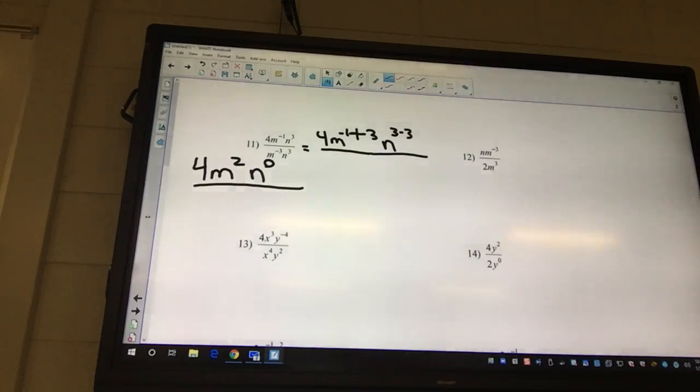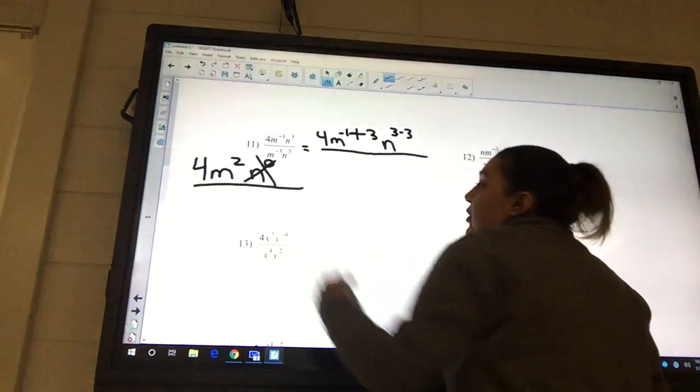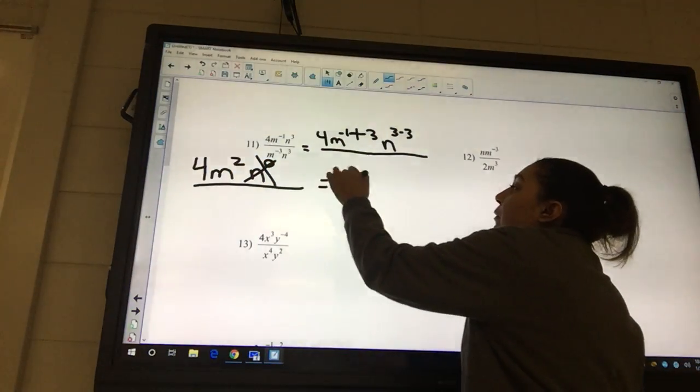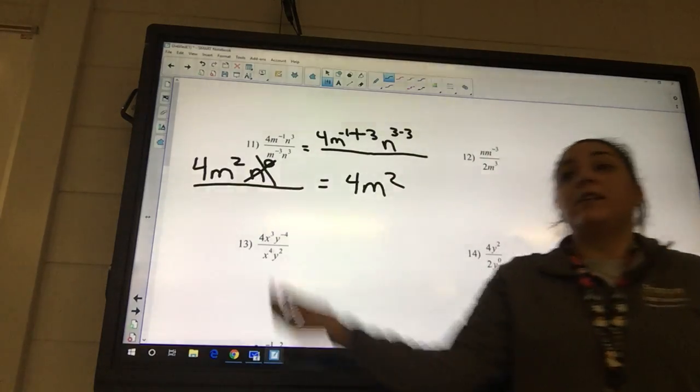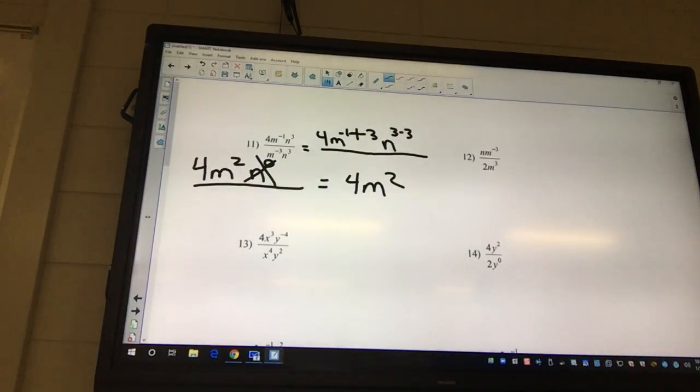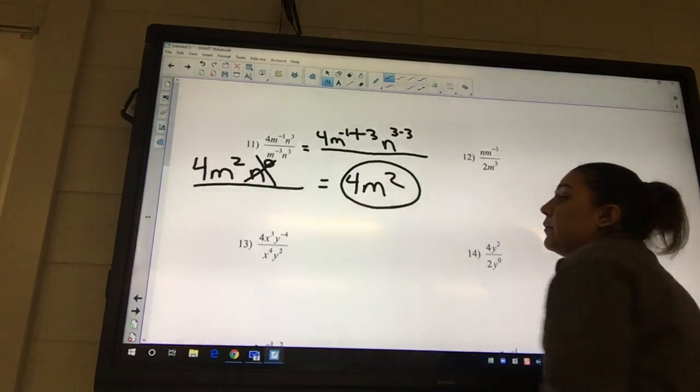So if we turn this into a 1, which we can, okay, is it going to change anything? No. You're still going to have 4m squared. And so what really happens is it really just cancels out. Okay, so when you have something to the 0 power, you can just cross it off. It cancels. Okay? And so all we're left with is 4m squared.